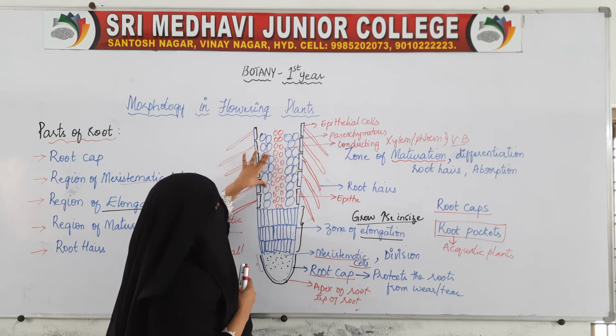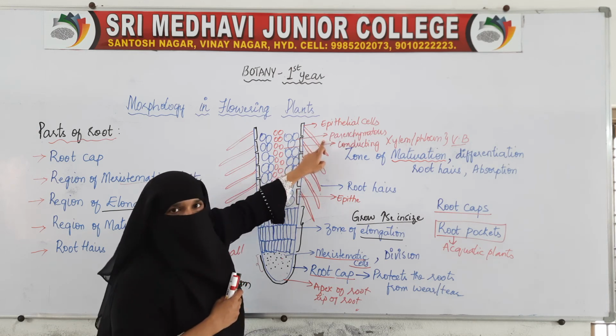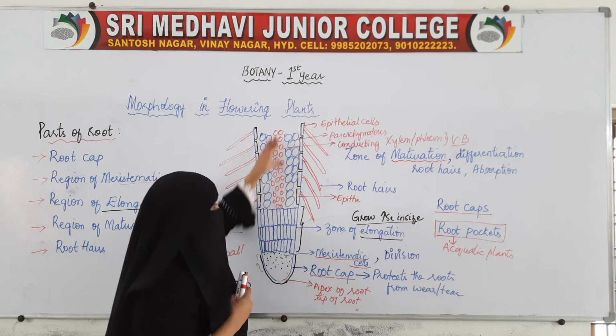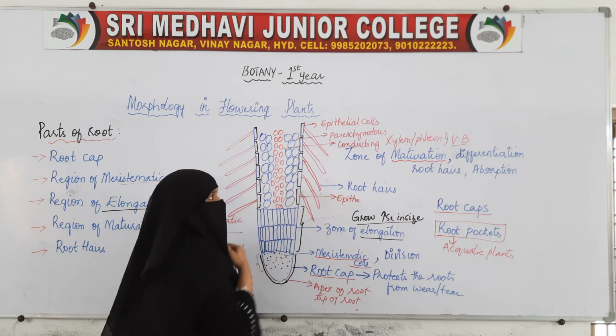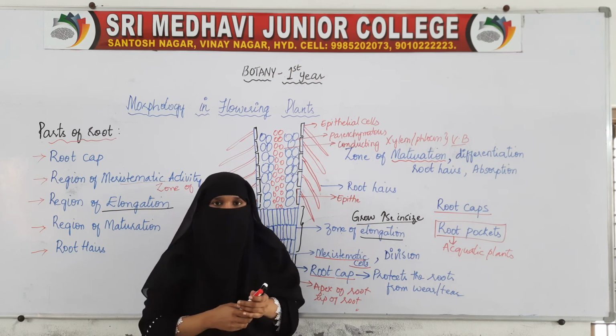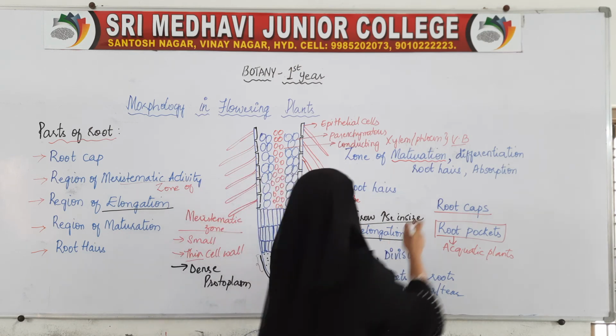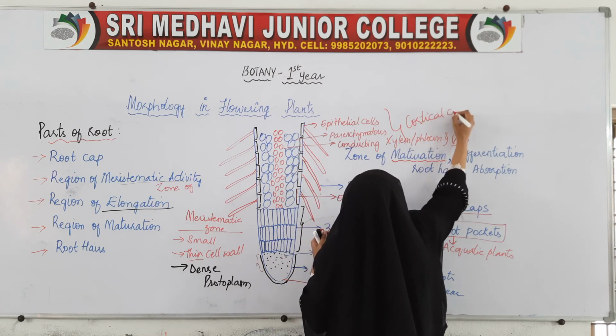Here in the middle we have the parenchymatous cells, and in the center we have xylem and phloem, that is conducting cells. All these together are called the cortical cells.